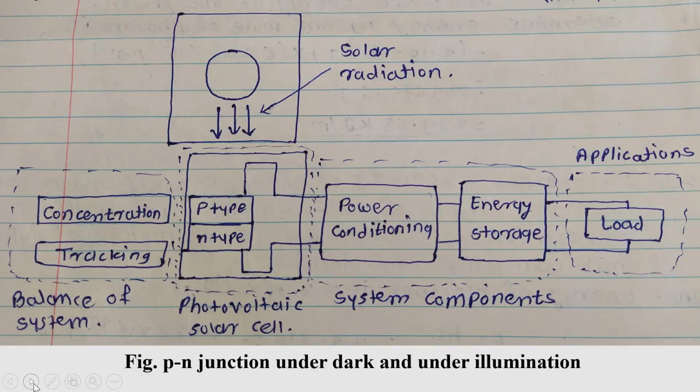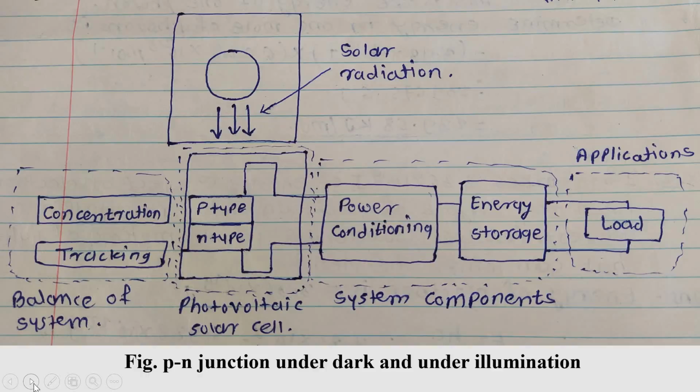In this figure, the solar radiation is incident on photovoltaic solar cells, which use two types of material, P-type and N-type. These photovoltaic cells are connected to power conditioning, and the power conditioning is also connected to energy storage.